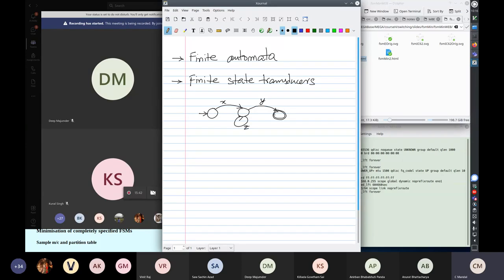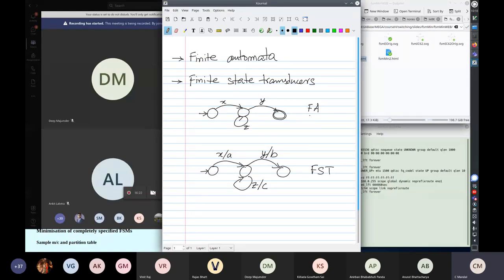So this is what a finite automaton looks like. And what does the FSM look like? You still have an initial state, but your transitions are a little different. You have X/A, Y/B, maybe something like Z/C. So this is your finite state transducer.